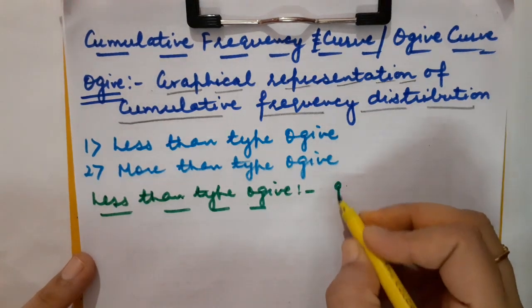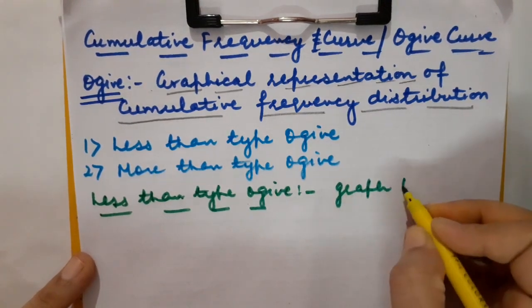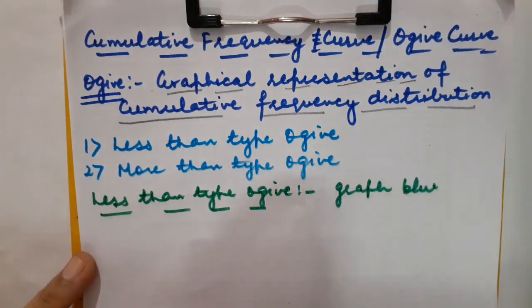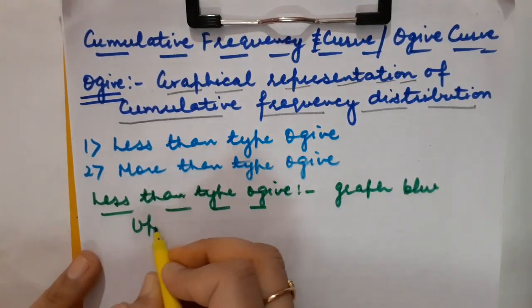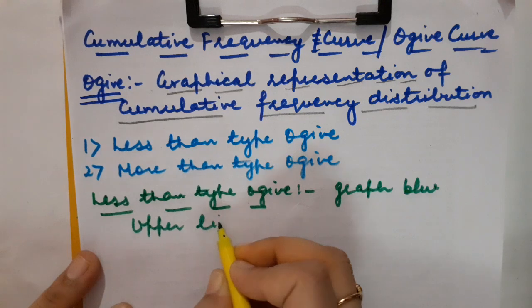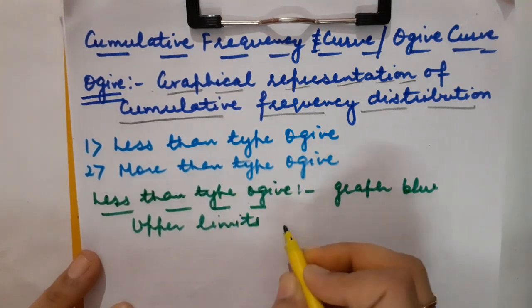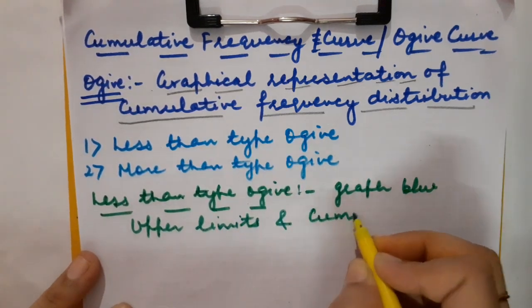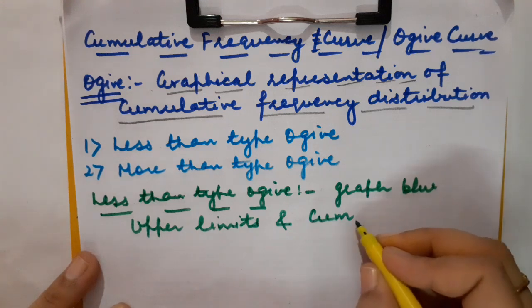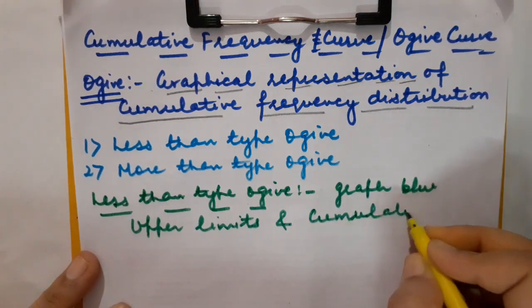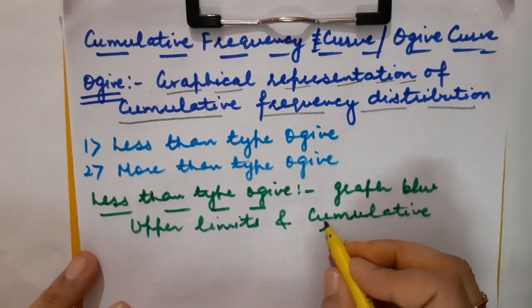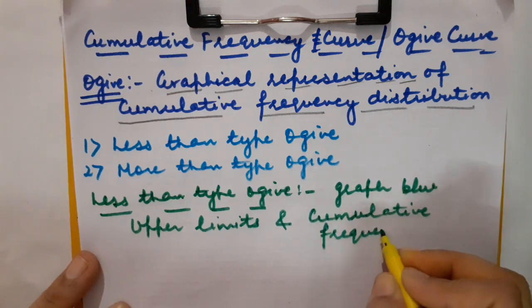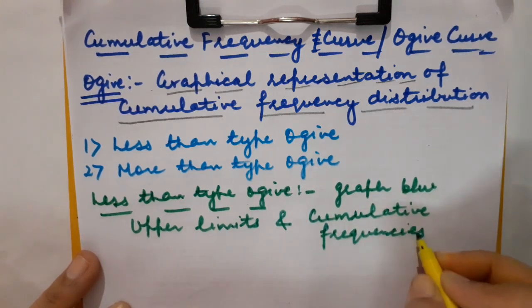It is a graph between upper limits and cumulative frequencies of a distribution.